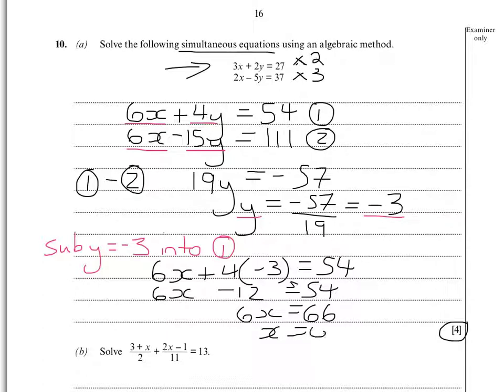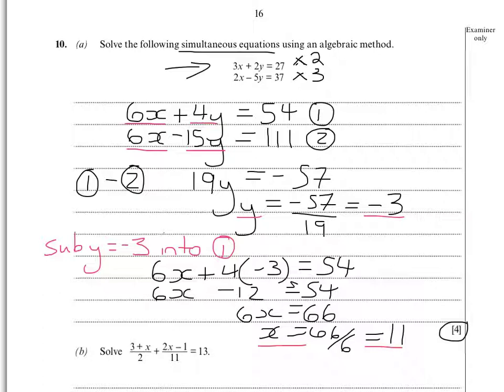And so x is going to be 66 divided by 6, which is 11. Just to recap that again, the 4 times minus 3 gave me the minus 12. And so to get the minus 12 over to the other side, I added it to both sides. So 54 add 12 gave me 66. And then to get rid of the 6, which is multiplying the x, I divide by 6. So 66 divided by 6 gives me 11.